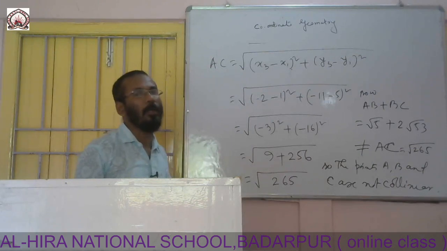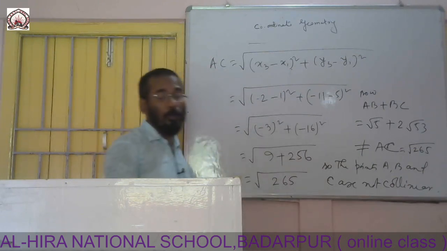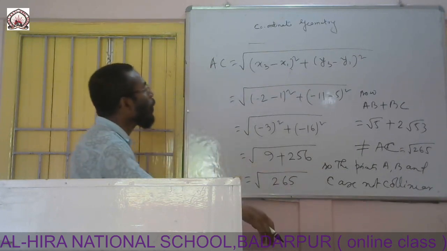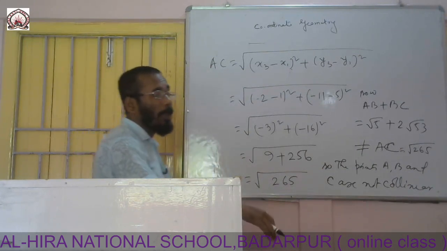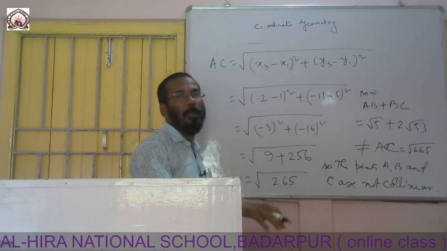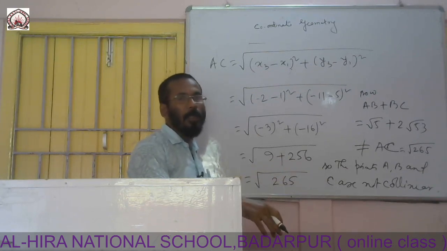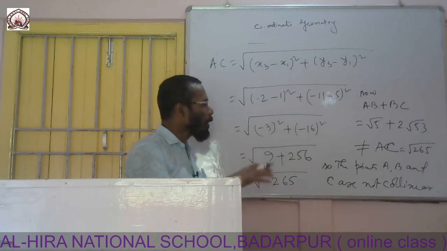We did this sum by using the distance formula, because the first chapter depends on the distance formula. If A, B, C are in a straight line, that is collinear, then AB plus BC must be AC.